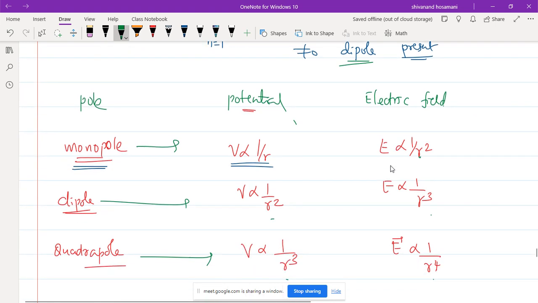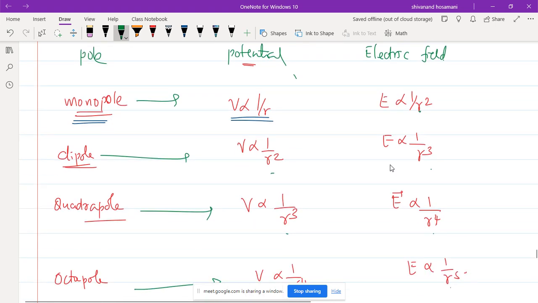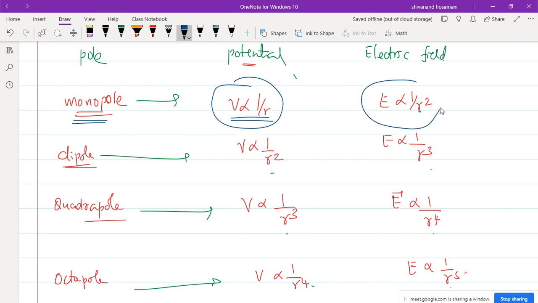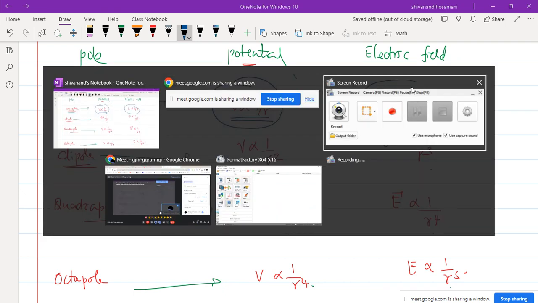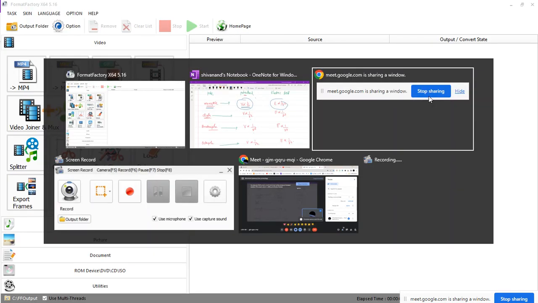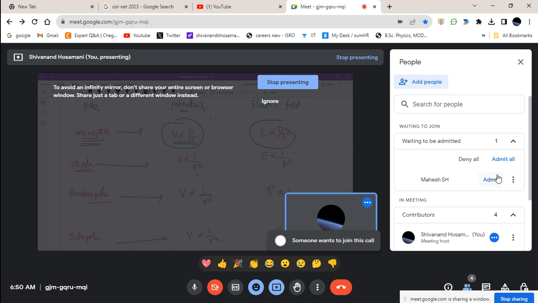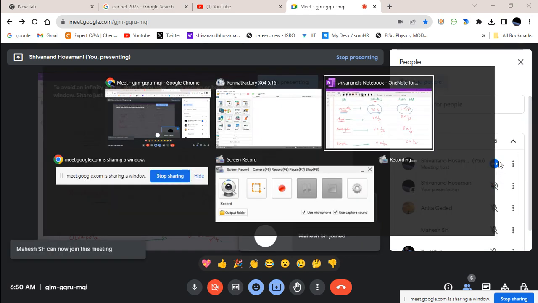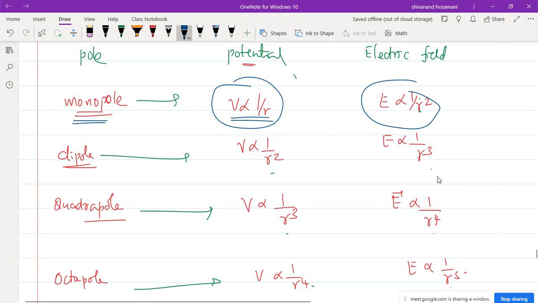Similarly, we got the relation between the electric potentials and fields of the monopole, dipole, and octopole, and others. For the dipole, V is inversely proportional to R square, and for the electric field it is R cube.